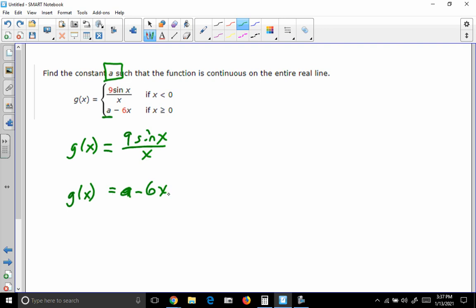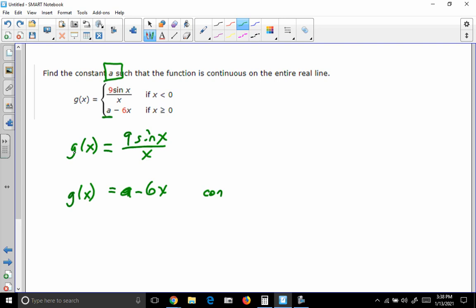This is never going to be undefined. Regardless of what constant we have here, we can take a constant and subtract anything from it. We're not going to end up dividing by 0, and we're not going to have any square roots that are negative, so nothing is going to make this undefined or imaginary. So this is continuous on its entire interval.